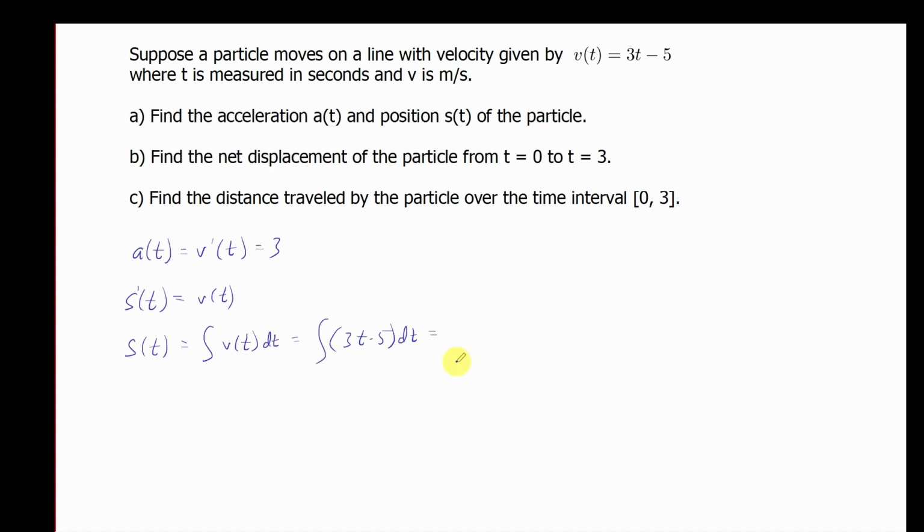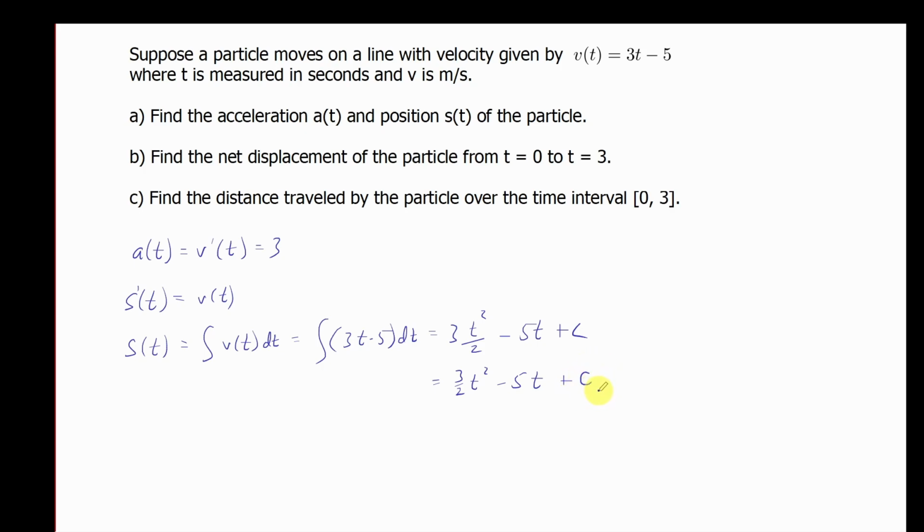When we take the integral using the power rule, we add 1 to the power, divide by the new power. The constant gets a variable tacked on, and we have a plus c. So we have 3/2 t squared minus 5t plus unknown constant c. In this example, we don't have an extra piece of information to solve for c, to solve the initial value problem.